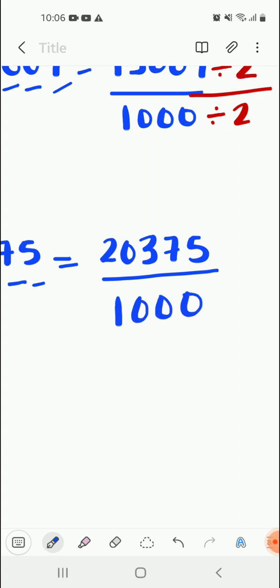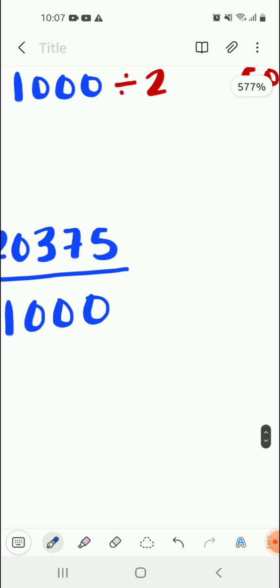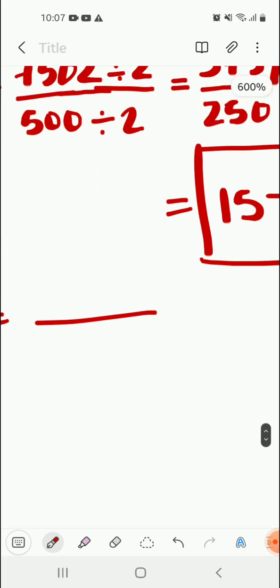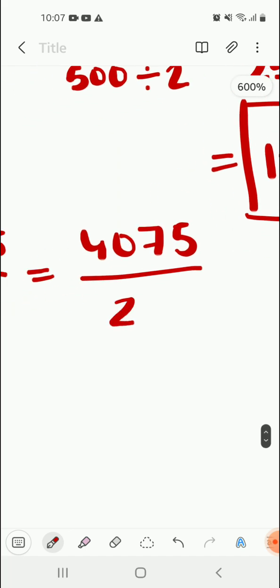Now divide the number with 5, right? So divide both the numerator and denominator with 5. 20375 divided by 5, we get 4075, and dividing 1000 by 5, we get 200.